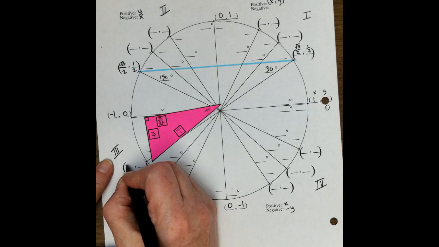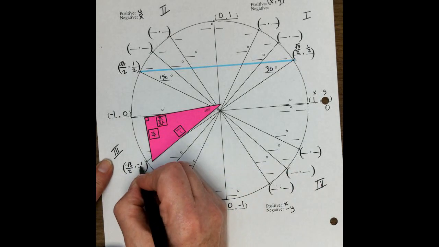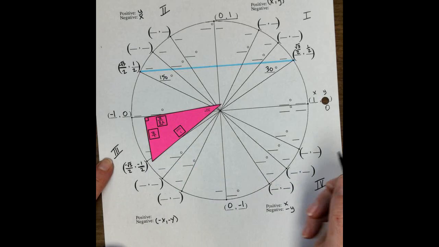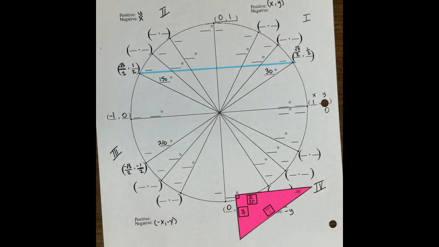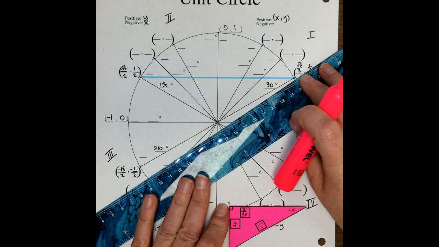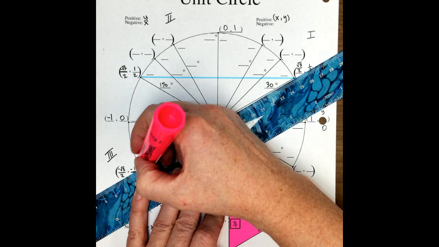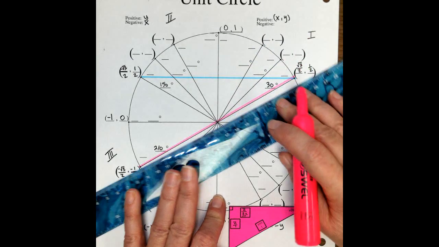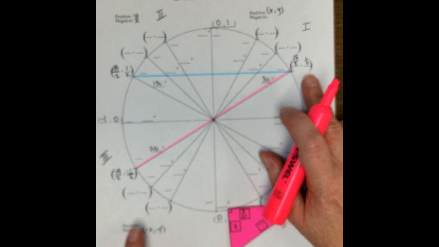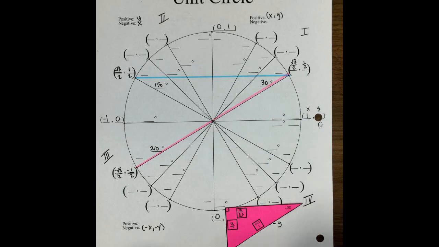So I've got the negative square root of 3 over 2 and negative 1/2 here. Now if you take a look at what happened with these values right here, they are simply opposite of each other. In quadrant 1 they're positive, in quadrant 3 they're negative.